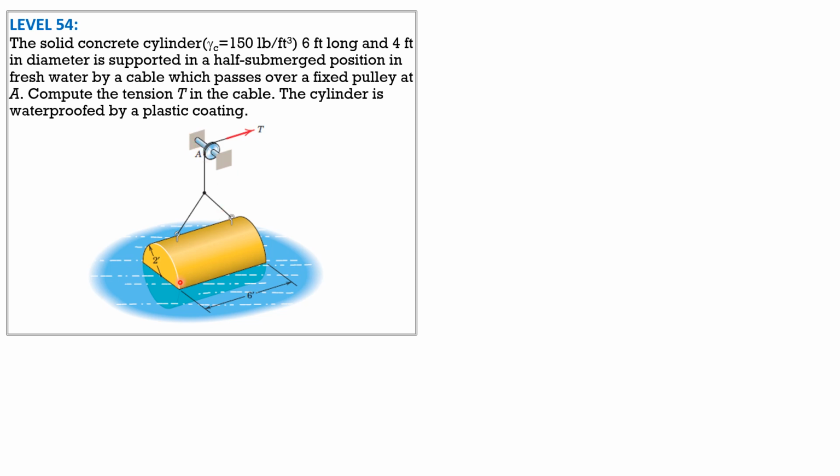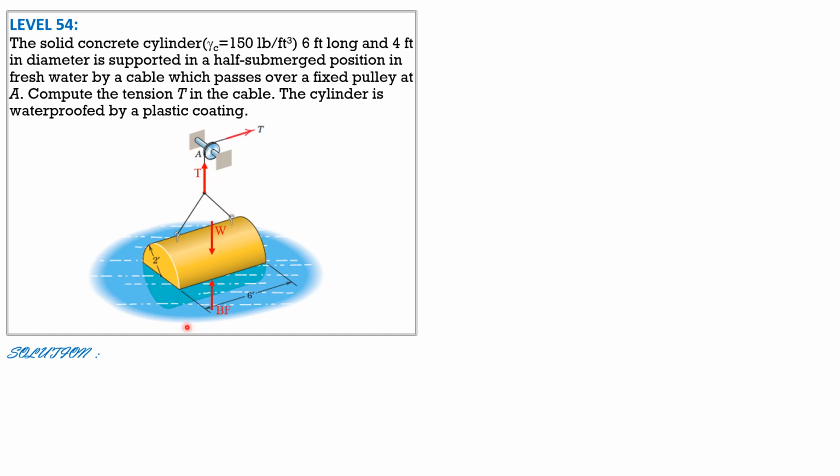So here is the given figure. Then the tension in this cable here is also T, because the assumption is this pulley is frictionless. So that's T. Then we have the weight and it is subjected to buoyant force. The volume where buoyant force acts is only half of the volume of the concrete cylinder.